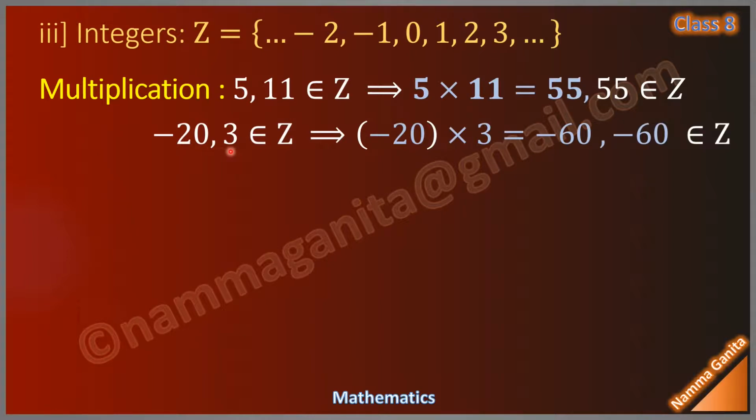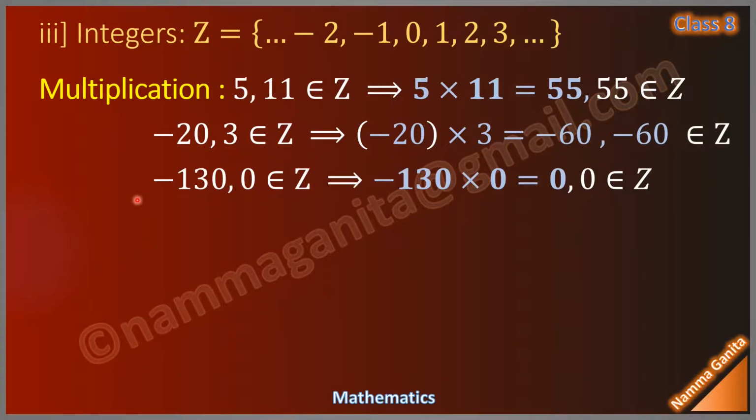Minus 20, 3 belong to Z, that implies minus 20 into 3, minus into plus is minus. 2 3s are 6, minus 60. Minus 60 belongs to Z. Consider the third example. If minus 130, comma 0 belong to Z, that implies minus 130 into 0 is equal to 0, and 0 belongs to Z.